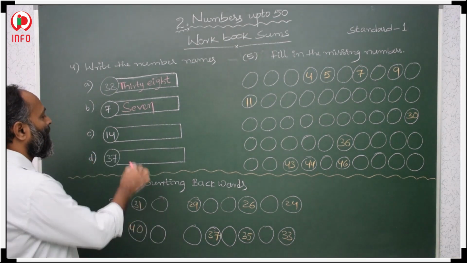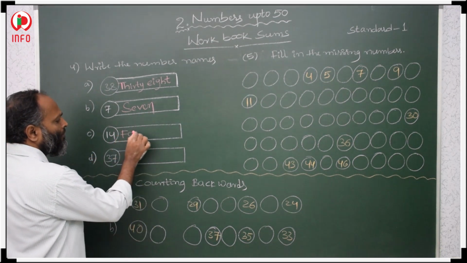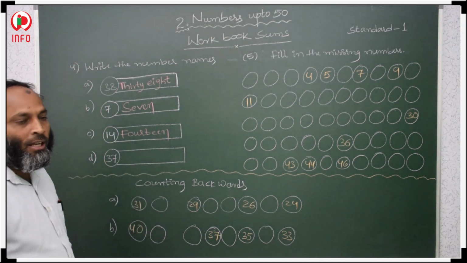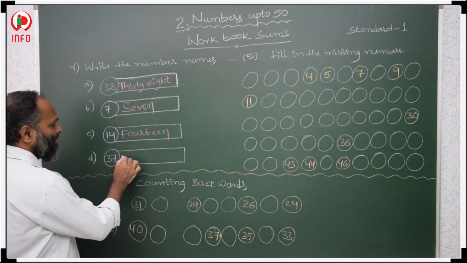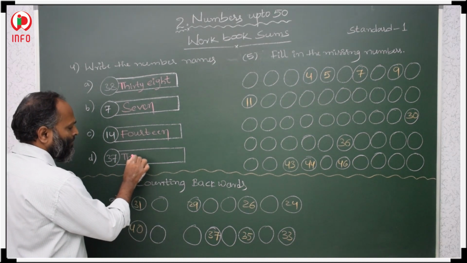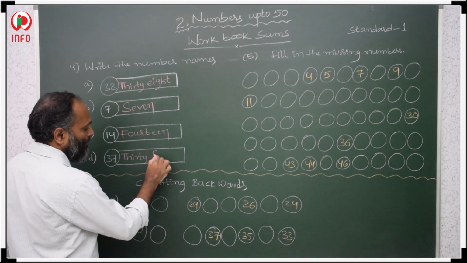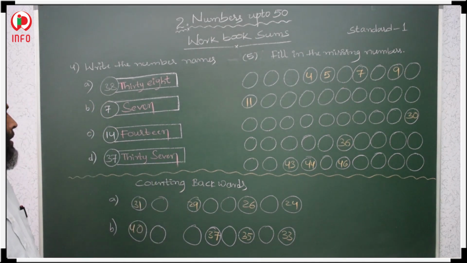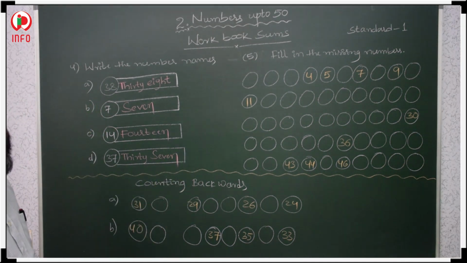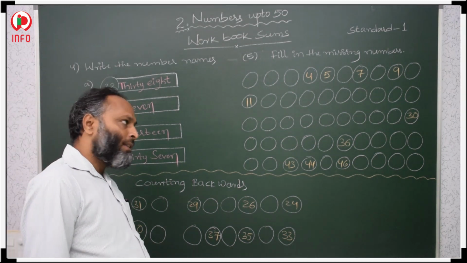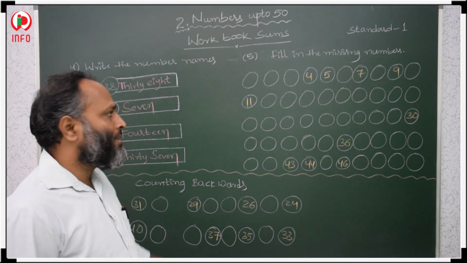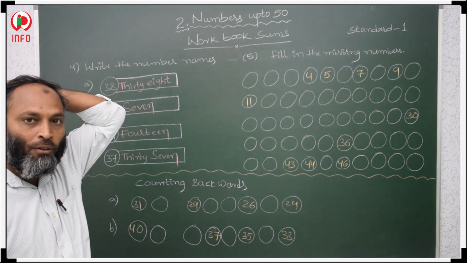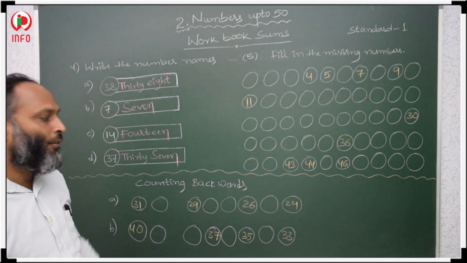This is 14. And this is 37. In this way we have to write the given numbers into their names, in words.